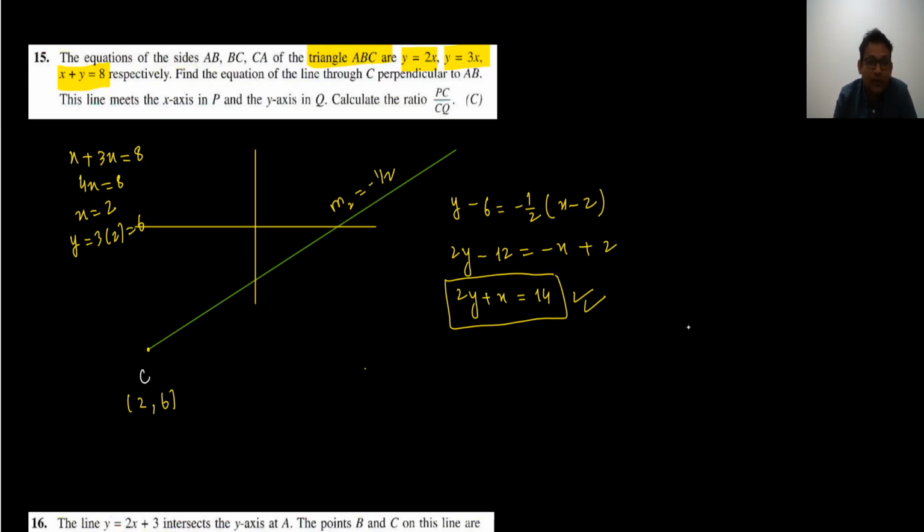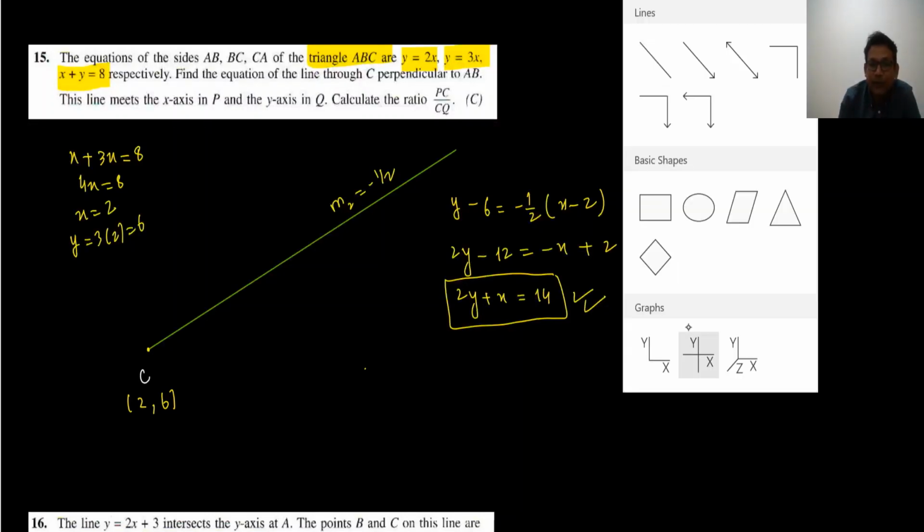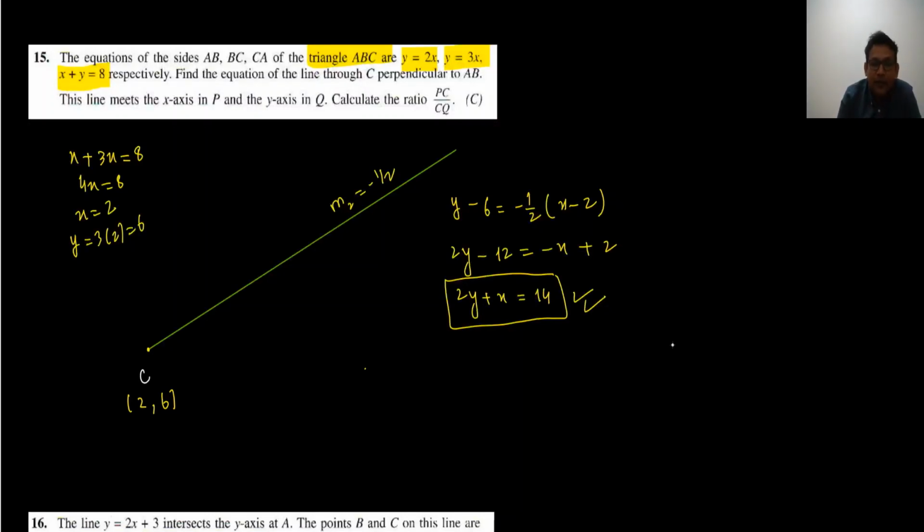I'm not sure, but I'm trying my best to explain, because (2, 6) should be in the first quadrant. So let's see what we can do. If I draw this line through (2, 6), it should be like this.